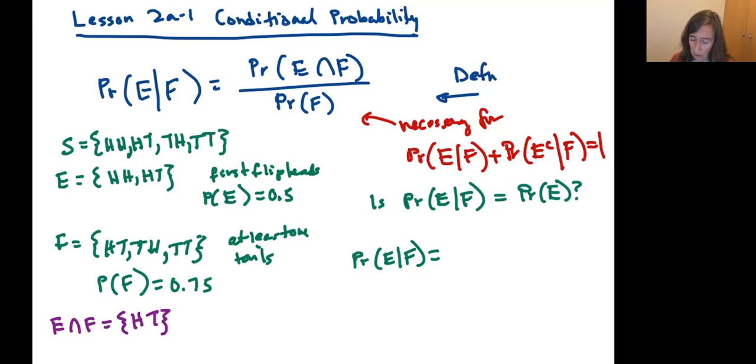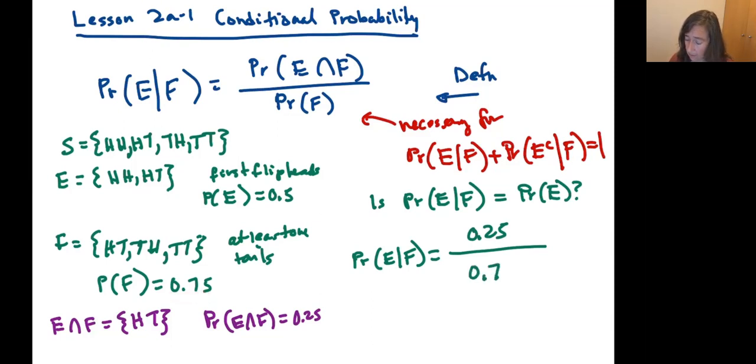And so the probability of E and F is 0.25. I'm going to write that in over here, 0.25. And the probability of F we already calculated. It's right here, 0.75. So the probability of E conditional on F is a third, 0.33.